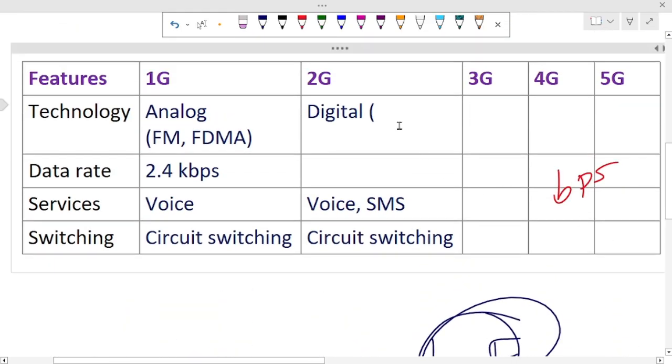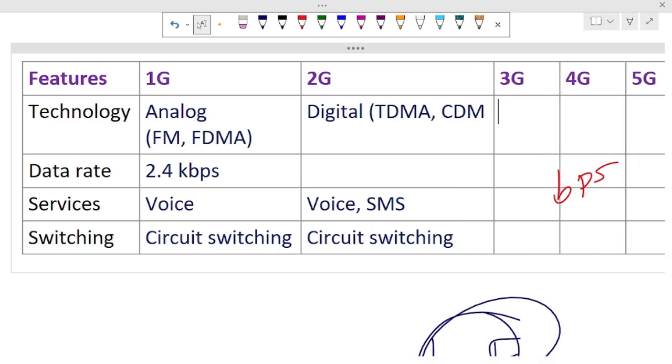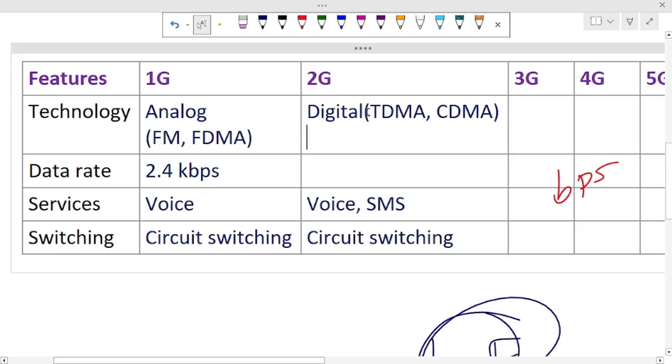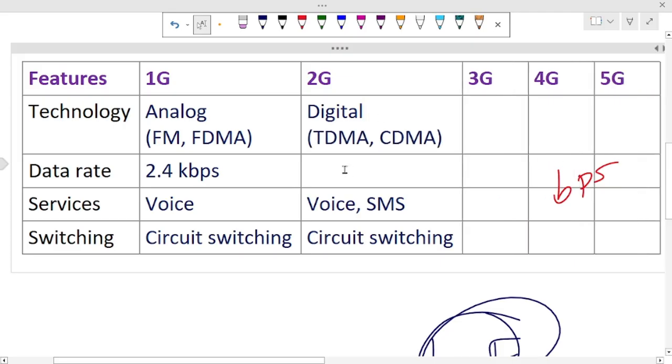So these are the technologies used for second generation. We'll have it like this: time division multiple access, and then code division multiple access for the second generation. Are we following? Then for this one, it's 64 kilobits per second. Other generations improve on it to have higher data rates.